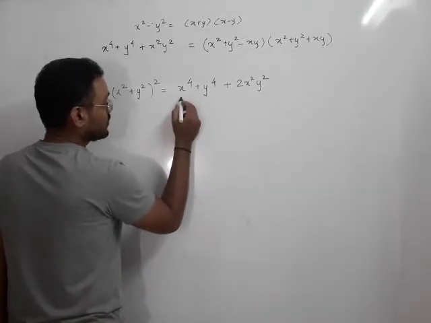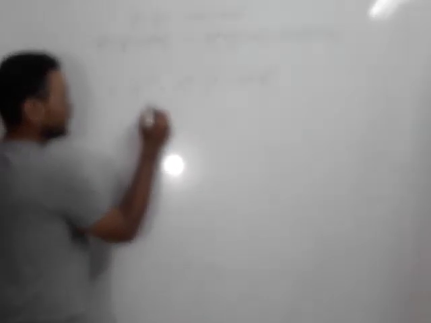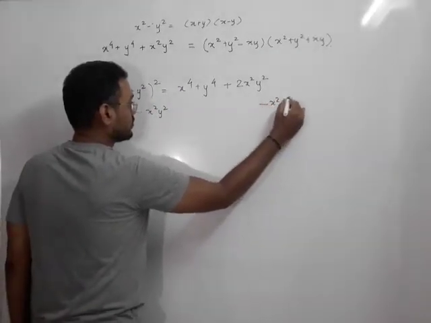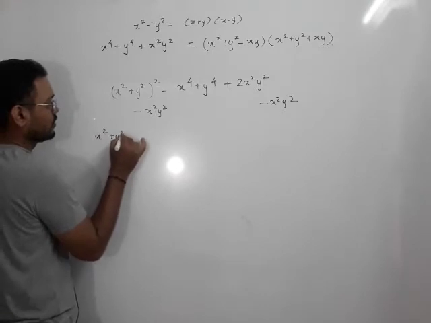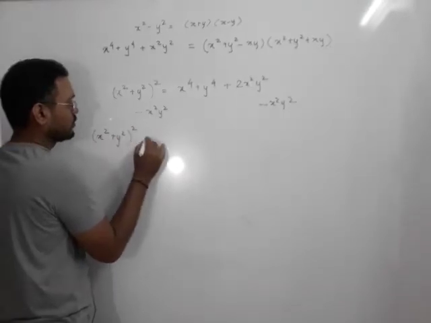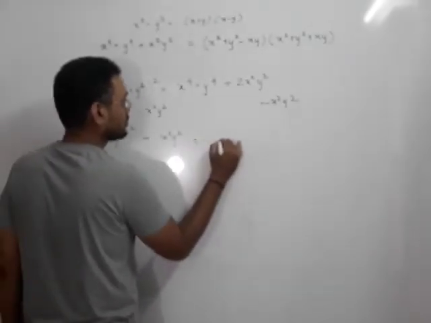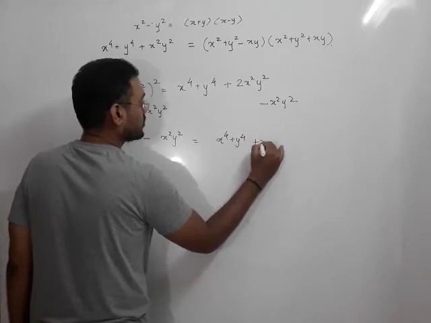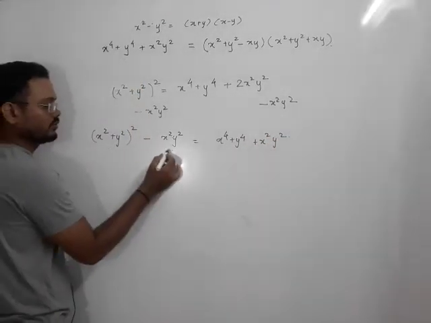Now let's say I'm subtracting x square y square from both sides. So it becomes x square plus y square the whole square minus x square y square is equals to x raised to 4 plus y raised to 4 plus x square y square. This is a square minus b square.